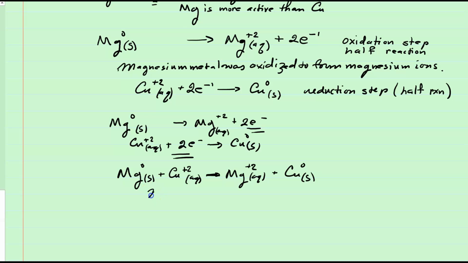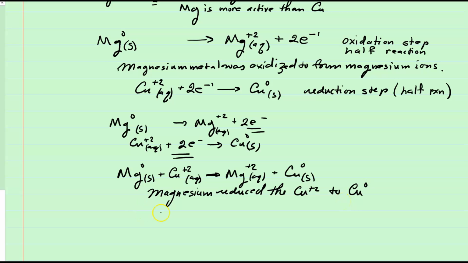Write that out. Magnesium reduced the copper plus 2 to copper 0.